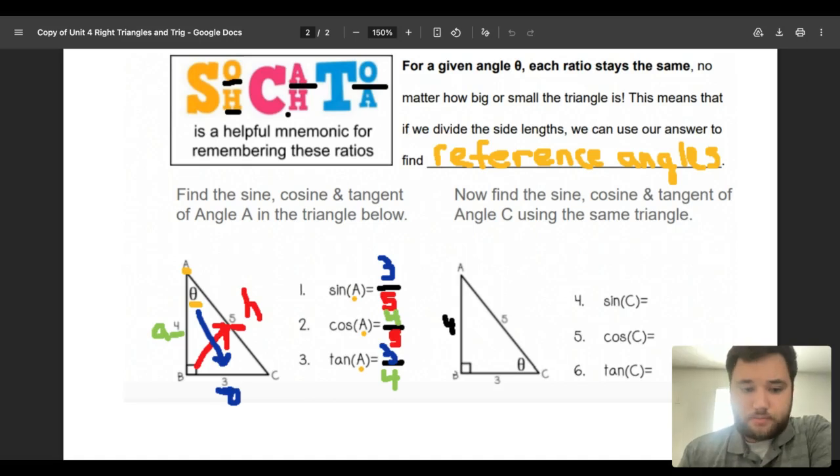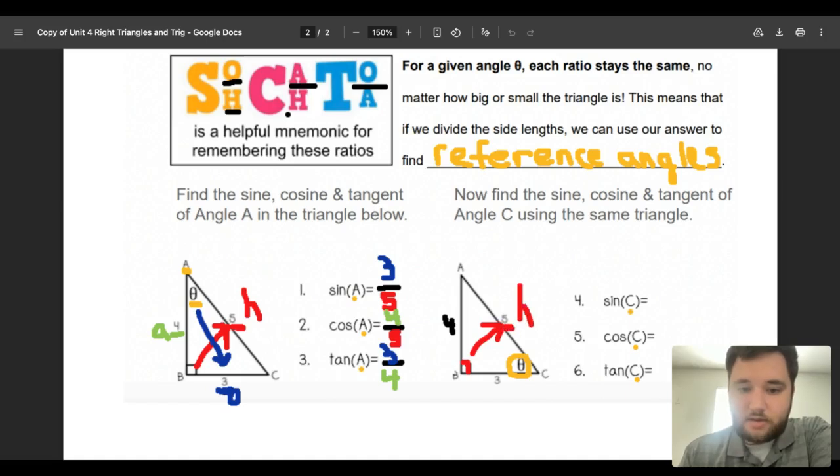What I want to show you on the right side is, look, this is the exact same triangle, but notice how we switched the reference angle from A to C. And look what this is going to do. It's a little interesting. As I go through and label my sides, I still have my hypotenuse side is 5.